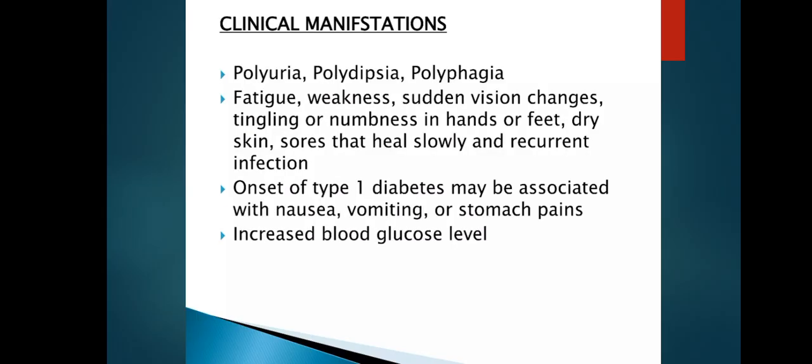Clinical manifestation. What will be the possible signs and symptoms of diabetes mellitus? Patients will suffer polyuria, polydipsia, and polyphagia. Polyuria means excessive urine, polydipsia means excessive thirst, and polyphagia means eating more than normal.